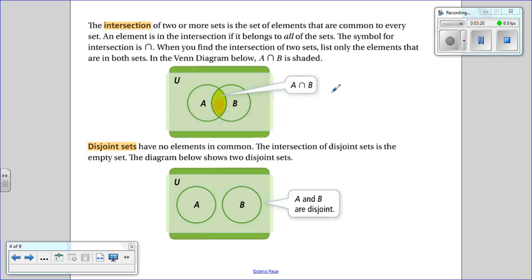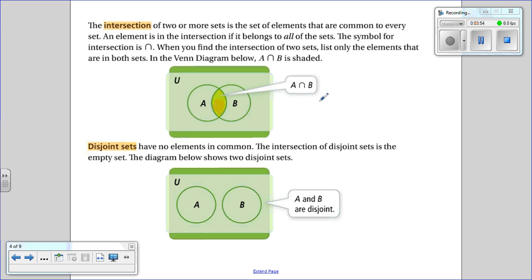The reason I think of it as an A is because it's anything that lands inside A and B. So again, if this is all the students at BHS, set A is freshman students, and set B is male students, the intersection would be freshman male students, right in here. These would be the freshman females, and these would be boys who are not freshmen.